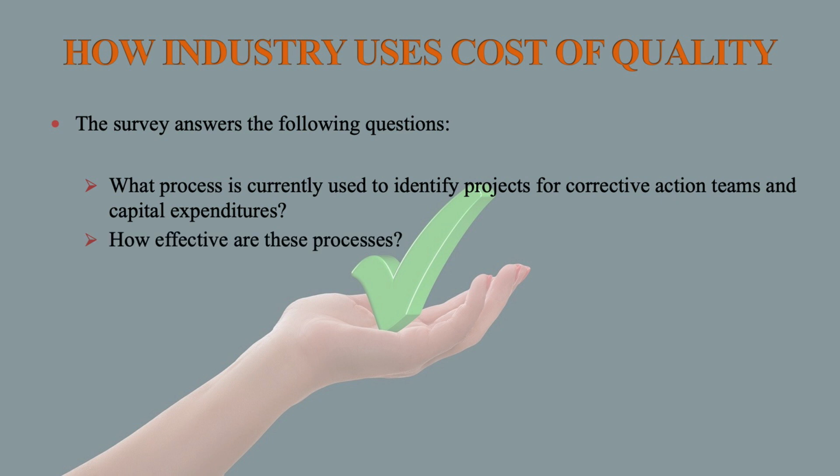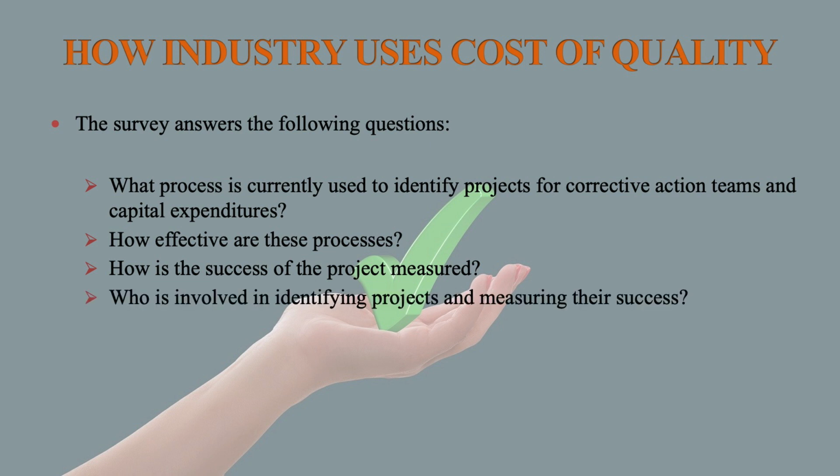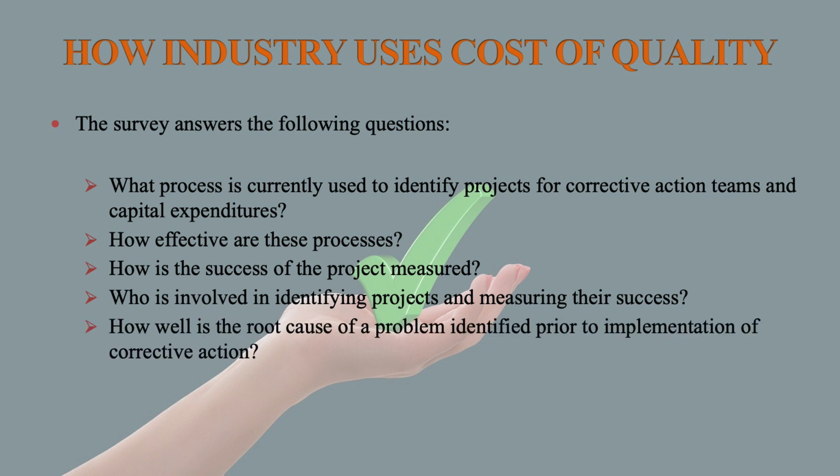How effective are these processes? How is the success of a project measured? Who is involved in identifying projects and measuring their success? How well is the root cause of a problem identified prior to implementation of corrective action?